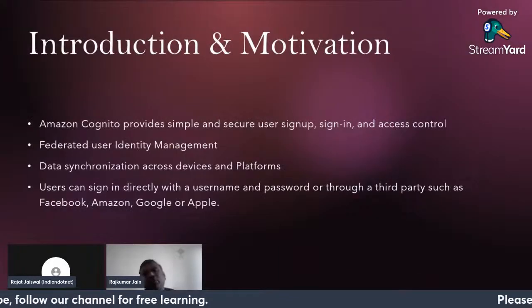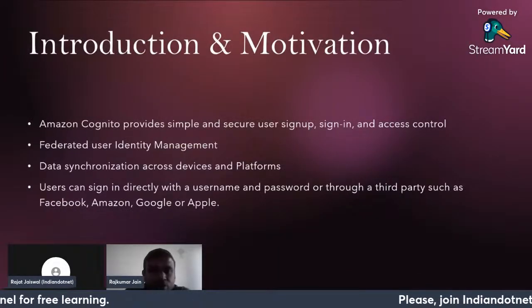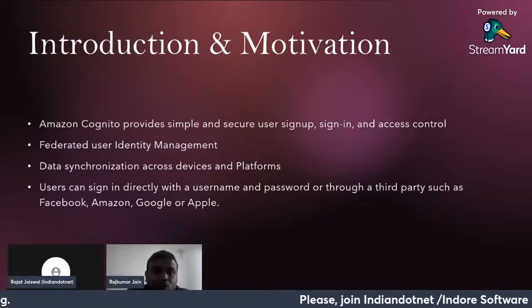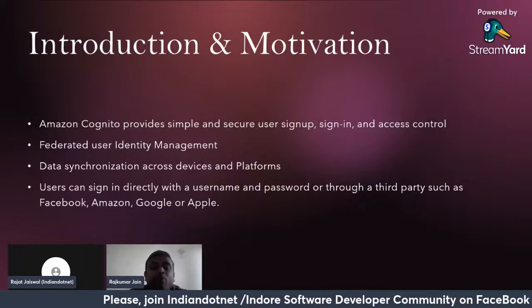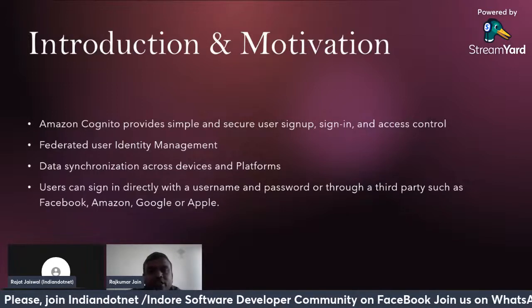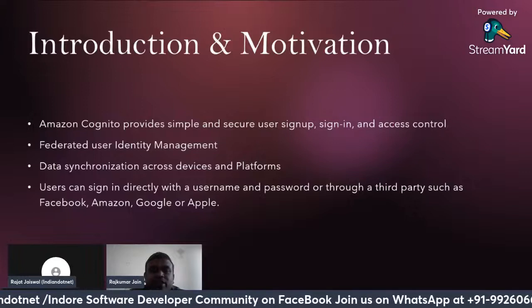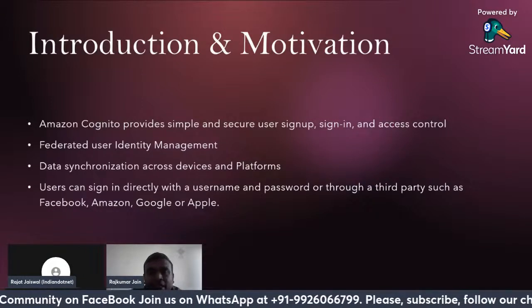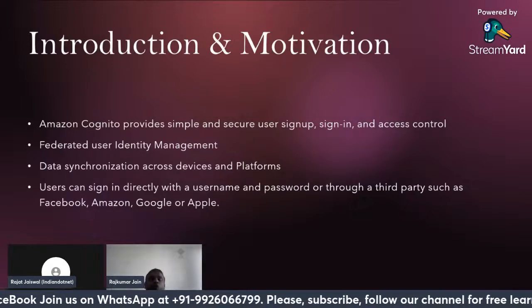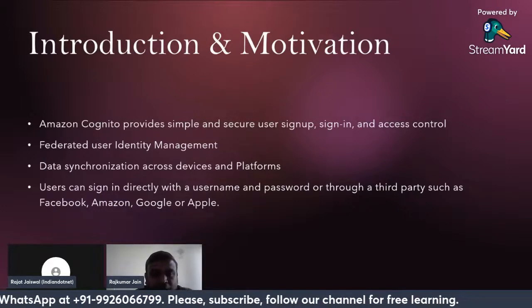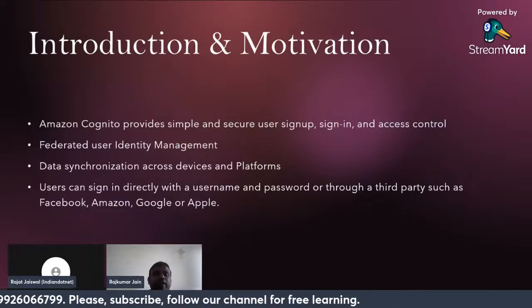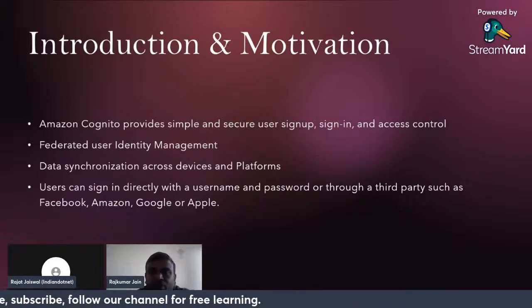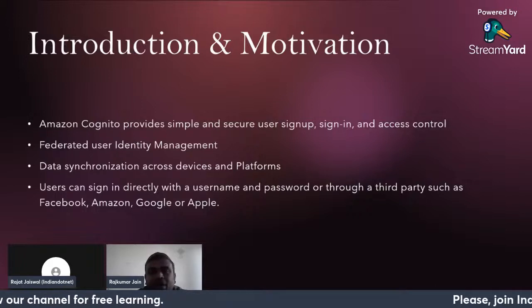So let's start with AWS Cognito. Why is AWS Cognito required? Why is it very popular nowadays for authentication? It's a very simple tool which we can easily implement for sign up, sign in, and to control our users. We can also use it as a federated user identity manager, where we can use multiple providers to access.